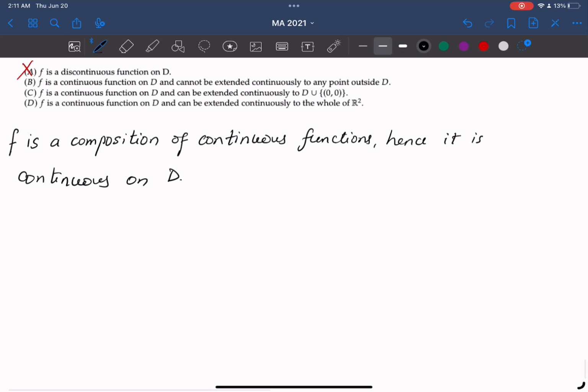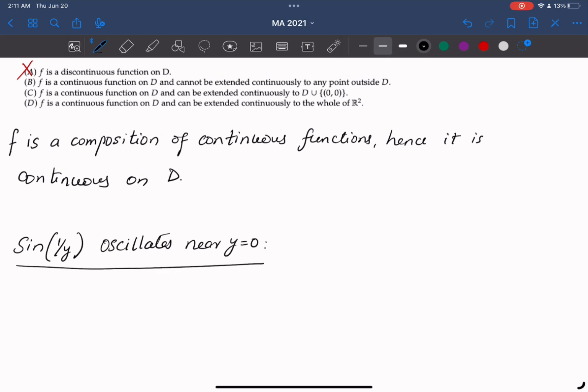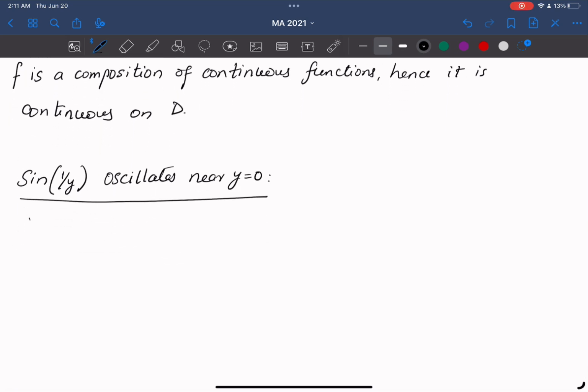Now in the given function's definition, one thing to look for is this function sine 1 by y, and it is known that this function oscillates near 0. For example, let us consider two sequences. These sequences will reveal this nature of sine 1 by y.